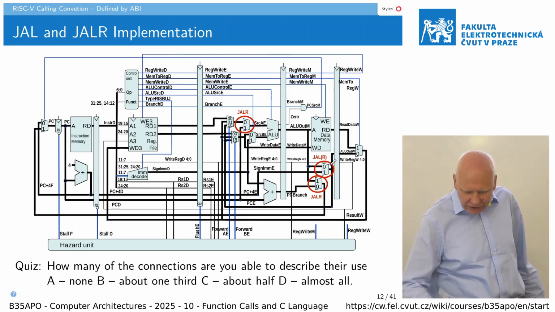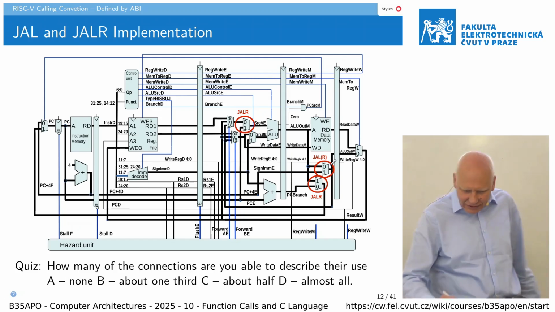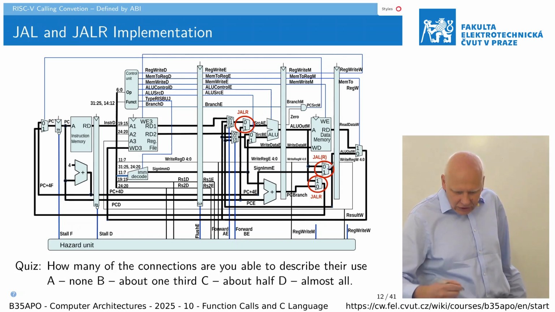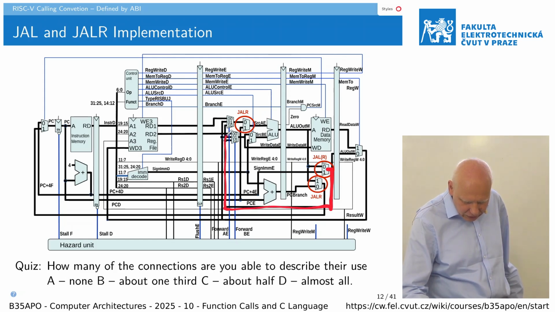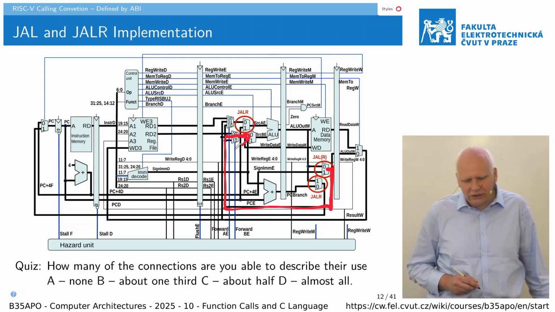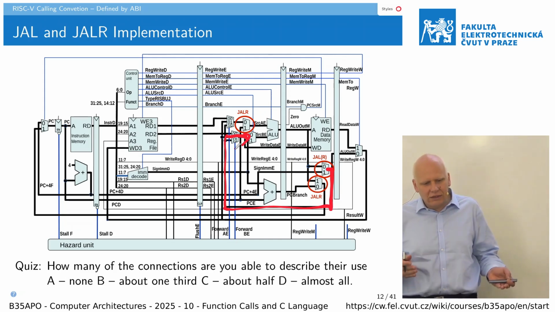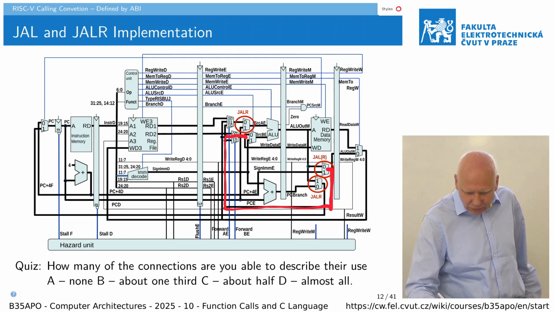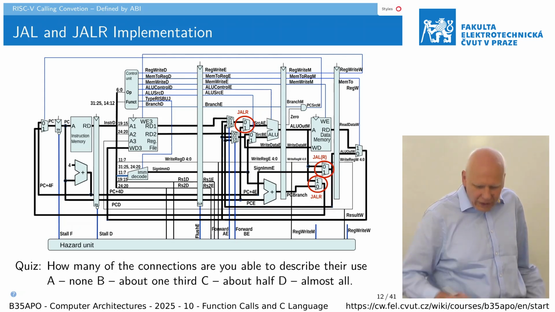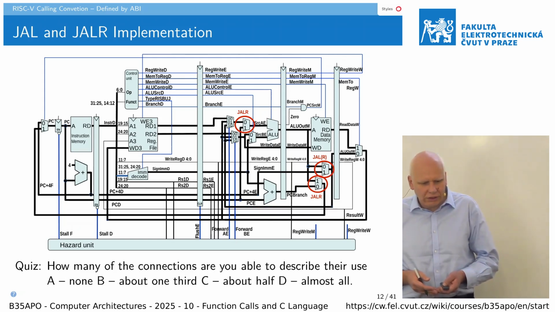For example, we can forward even the result of the return address register, or that register which is changed by jump and link or jump and link register. So it is not necessary to stall on such instructions. You have the third homework, so you should know already those things: where we need forwarding, where we need to do a stall, and so on.